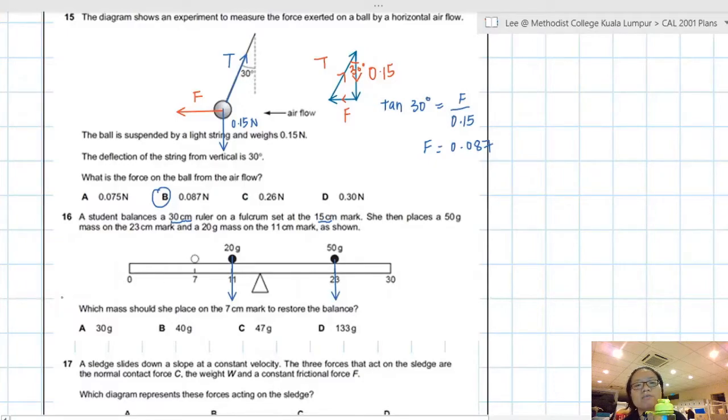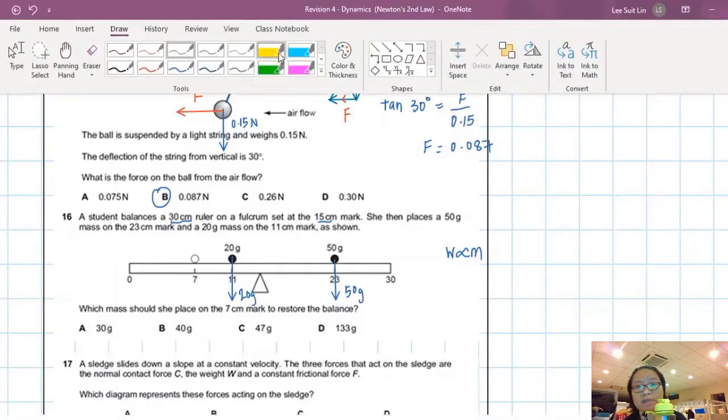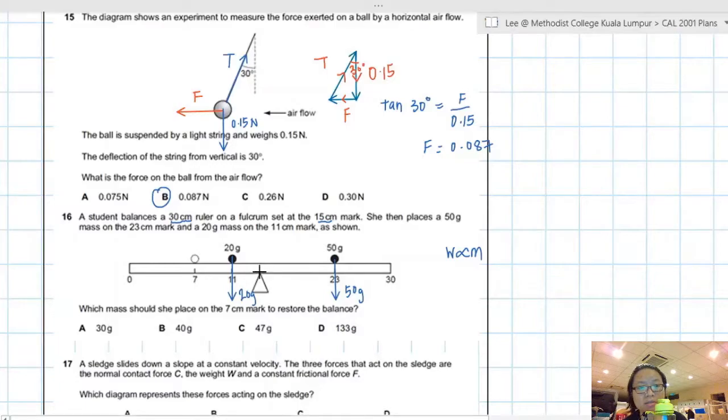So basically, if you want to restore balance, the clockwise moment must be equal to the anti-clockwise moment. As usual, I'm labeling all the forces, but since the weight is directly proportional to the mass, I'm just going to use mass as a placeholder. Where it touches the contact, there will be a normal force.